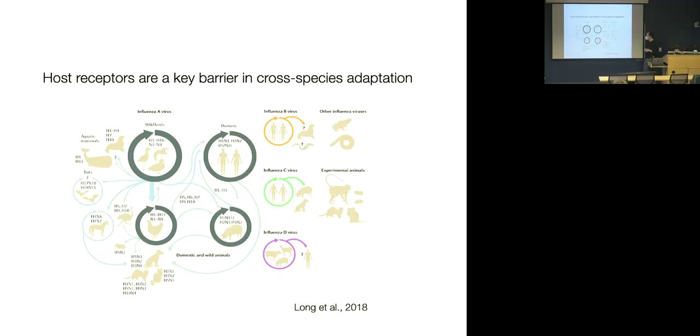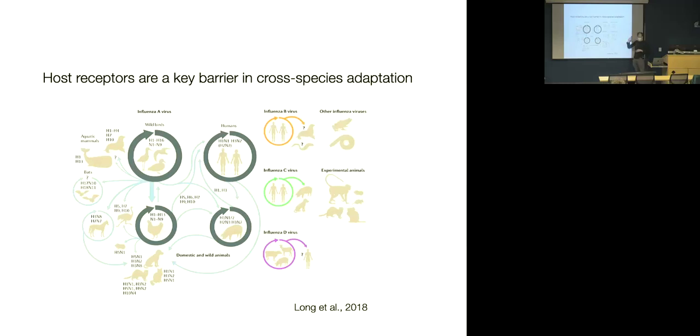It's well documented that influenza viruses that infect and transmit between humans and other mammals more efficiently are ones that can bind well to host receptors, in the case of influenza in the upper respiratory tract, where they can easily infect cells and be processed into respiratory droplets for onward transmission.